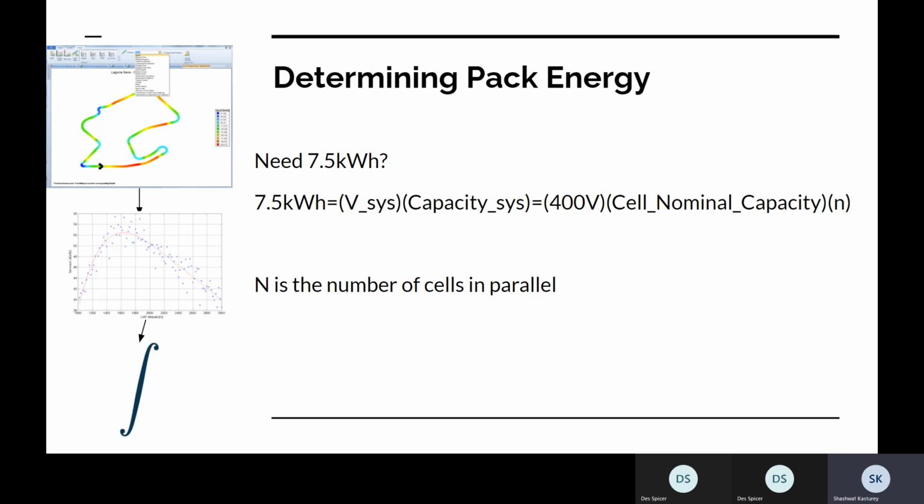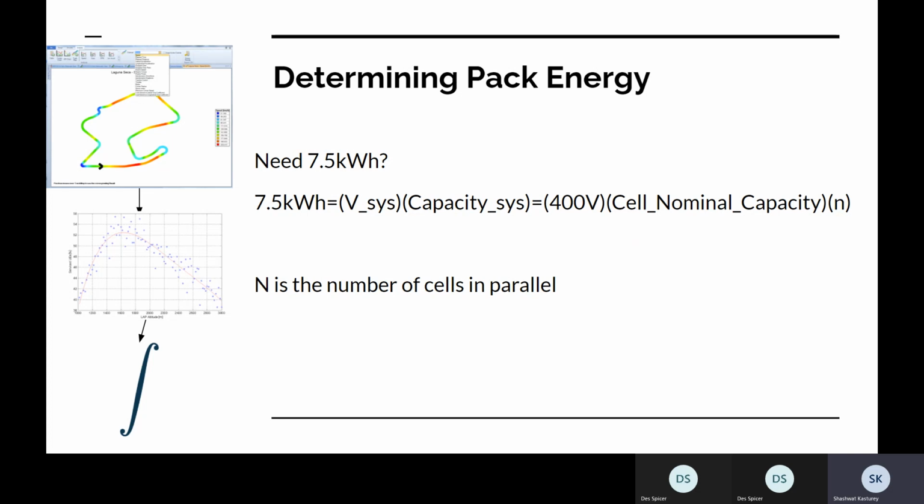So I think this is what Des caught earlier, was the pack energy calculation. When we went to spec the number of cells in parallel, what we first did was a bunch of lap simulations. We used this software called Optimum G. We gave Optimum G an old 2019 endurance track, and we set the car to do 1 lap.